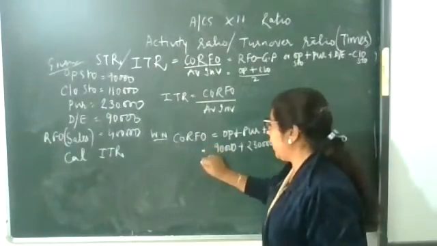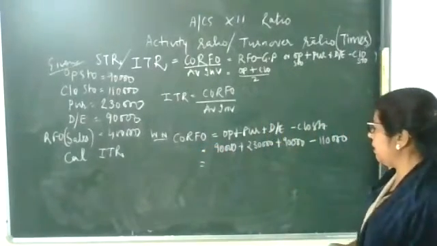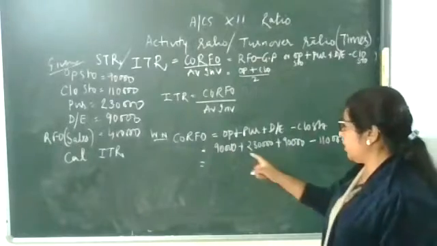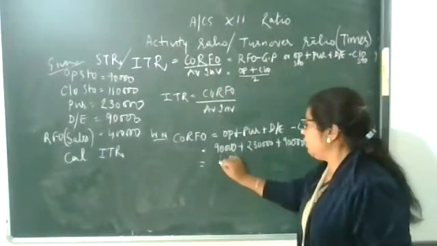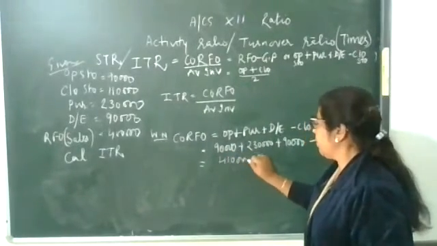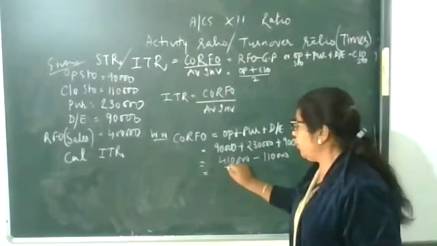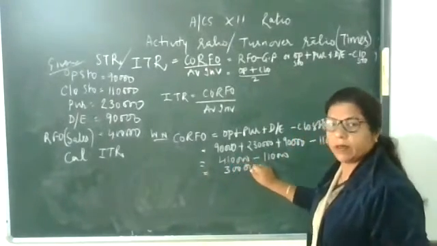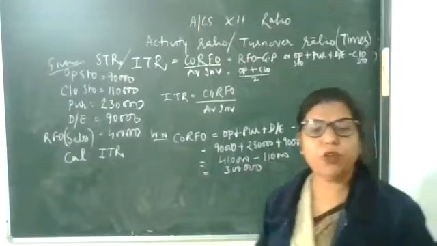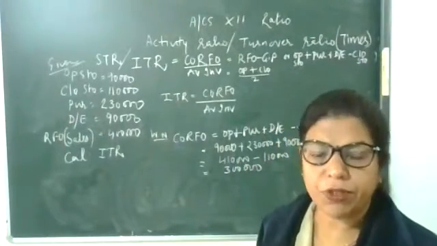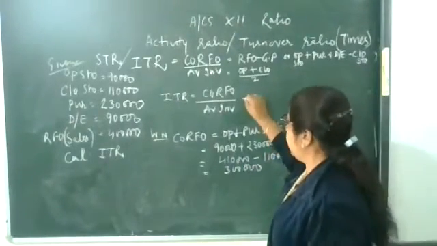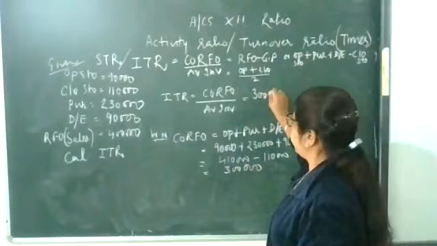So now we have to add these 3 and subtract this one. 4,10,000 minus 1,10,000. So CORFO will be 3 lakh. CORFO means cost of revenue from operation, that is 3 lakh.